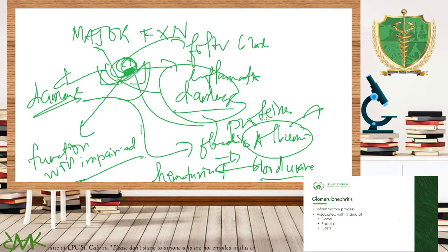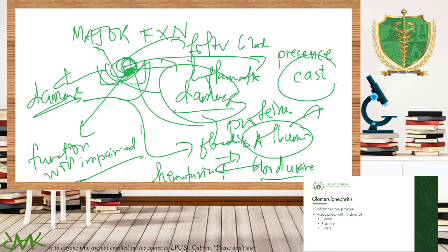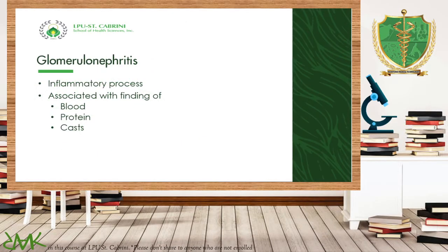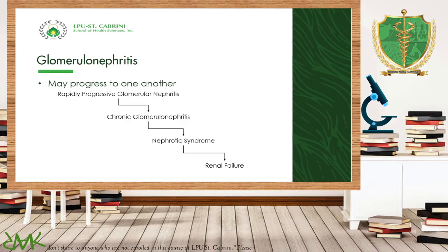And since there's an increase in proteins, it is possible that there will be a presence of what we call cast. As we know, cast originates in our kidney. Again, what is the matrix of protein? Correct. The Tamm-Horsfall protein.